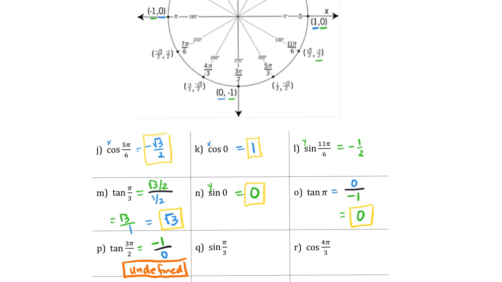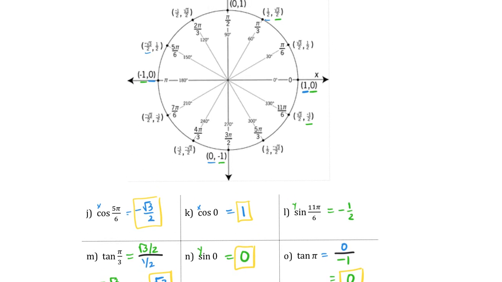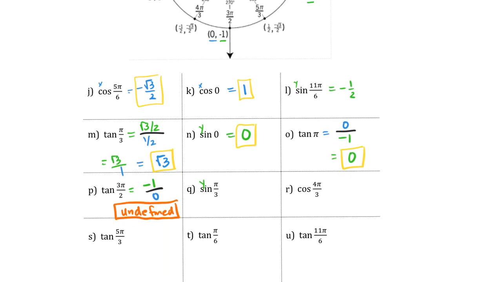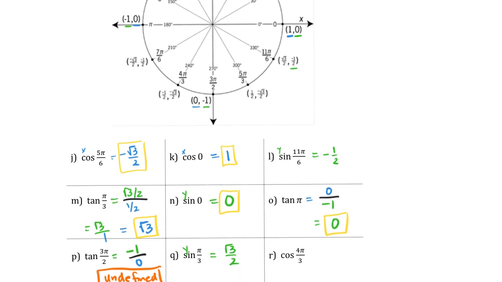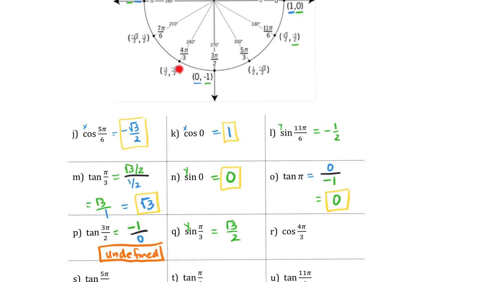Okay, sine pi over 3. Sine is y. Where's pi over 3? Pi over 3 is up here. The y is √3 over 2. Okay, cosine 4 pi over 3. Cosine is the x. There's 4 pi over 3. The x coordinate is -1/2.